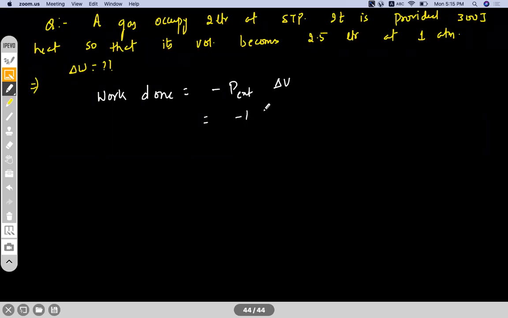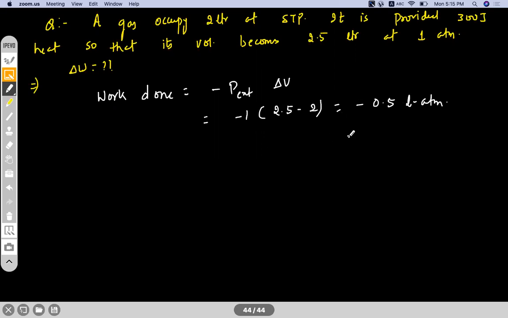So minus 1 into 2.5 minus 2, that is minus 0.5, unit is liter atm. Okay, liter atm. We need to convert this into joule, right?